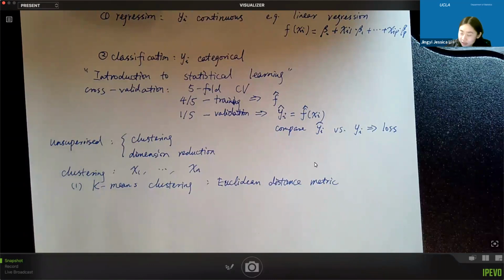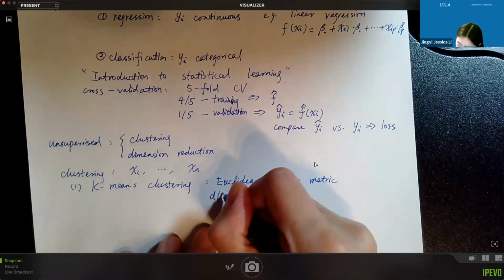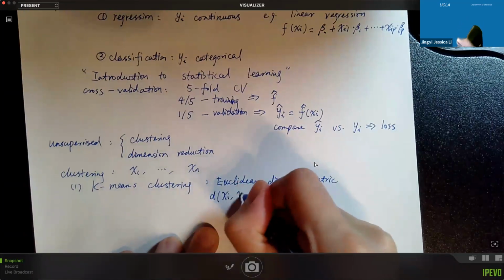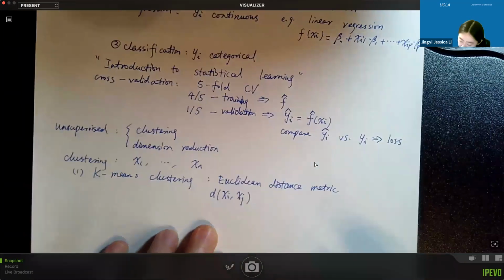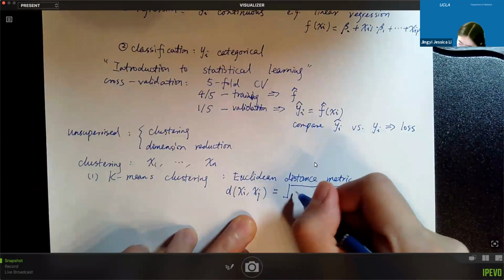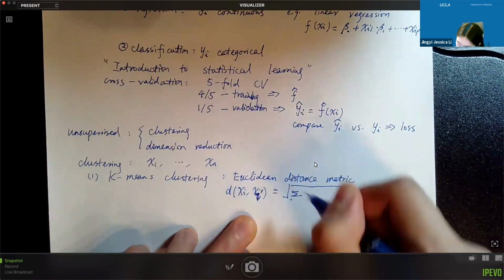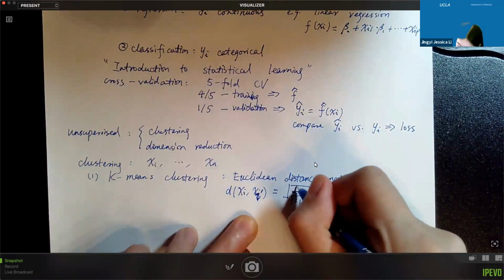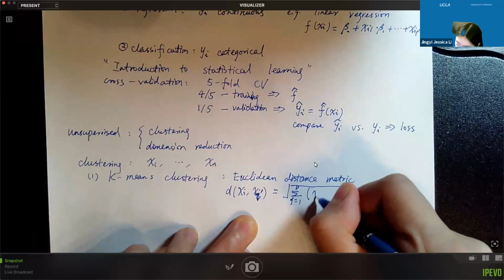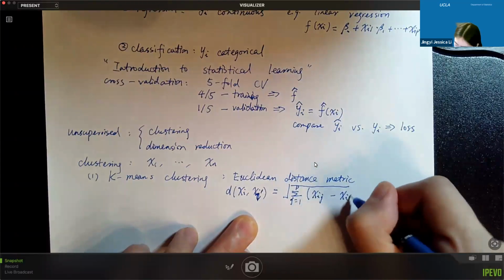That's the Euclidean distance. Let me write this: the distance between xi and xi prime is defined as the square root of the summation over j from 1 to p of (xij minus xi'j) squared.